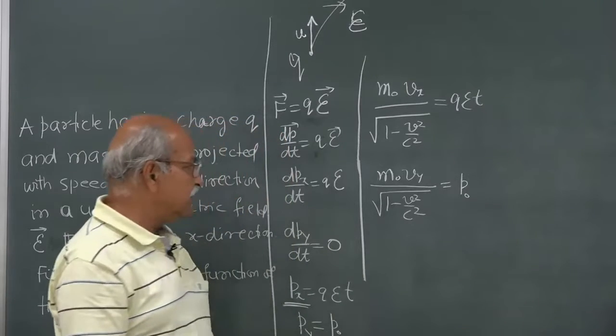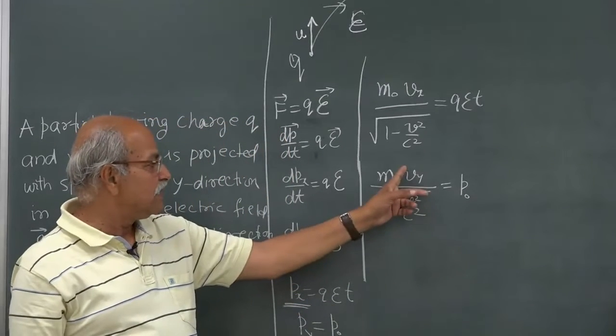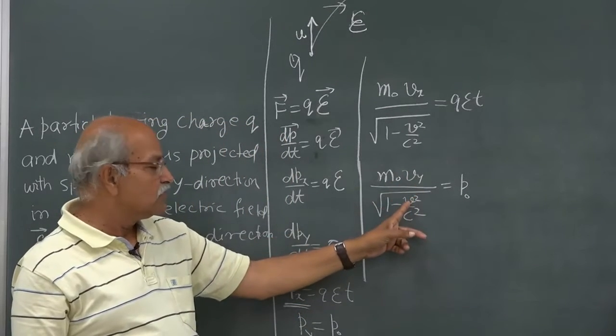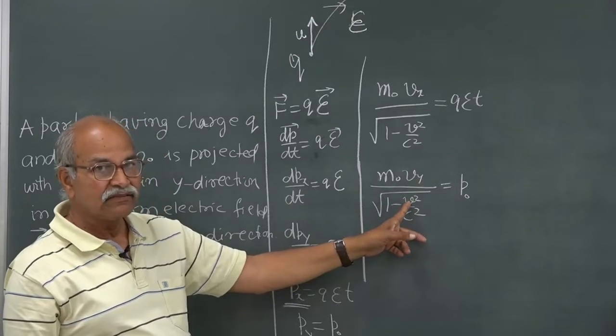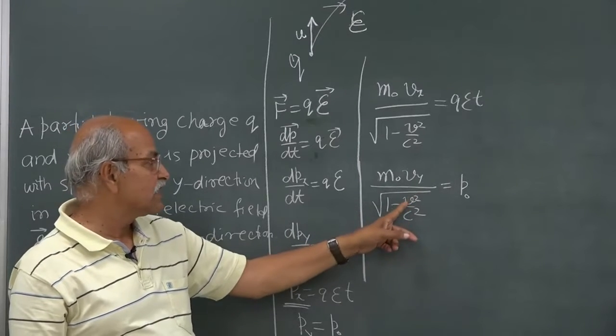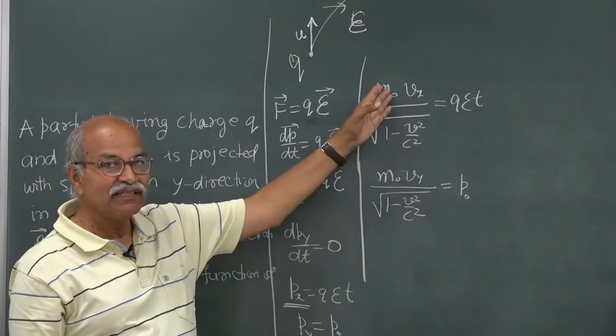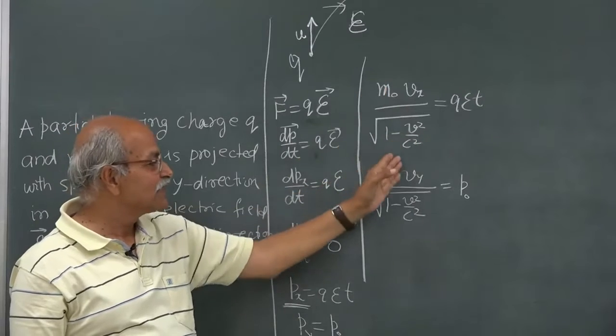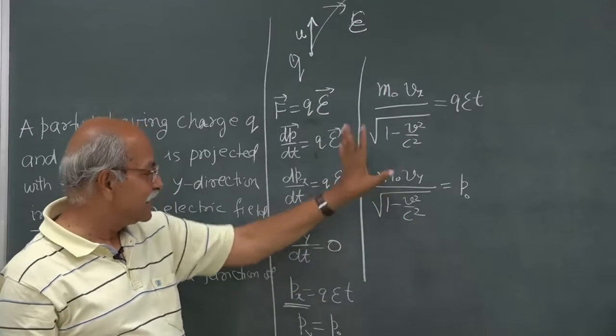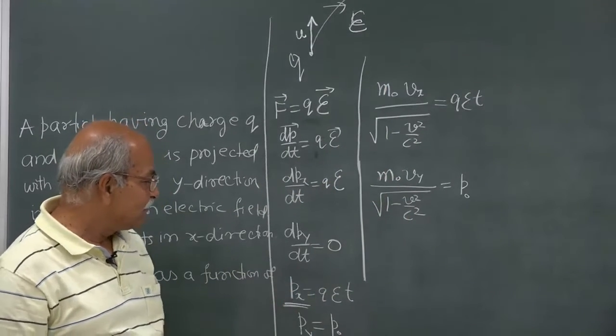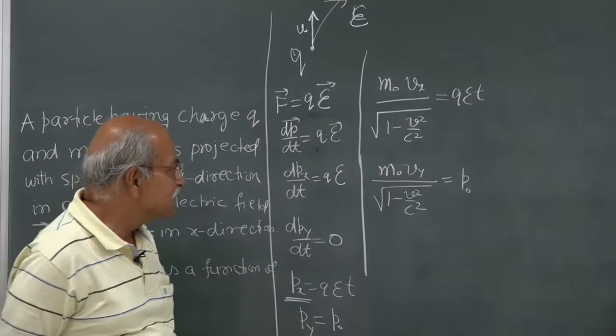But even then getting vy is difficult, because you also have vx square here. This is vx square plus vy square, and vx will be obtained from here, and that is also not very simple. So, getting vx and vy velocity from these equations is tricky.